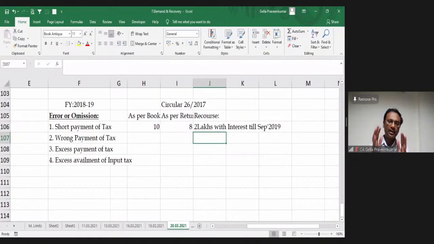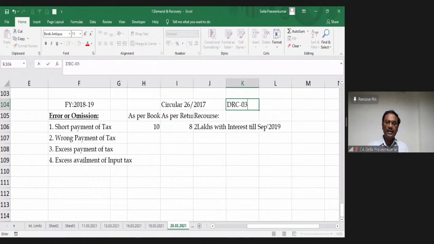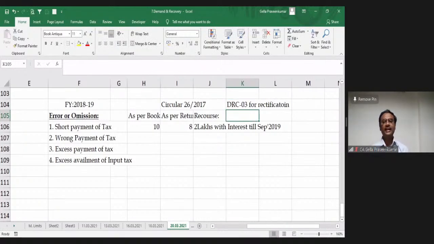The lawmaker feels that September is good enough for them to rectify. God forbid, if it was not done in the audit and it went beyond September, it goes to October. Then, as I said, DRC-3 is one option for making a rectification. If I go beyond 6 months, DRC-3 is one window. We need to think of rectifying these mistakes.